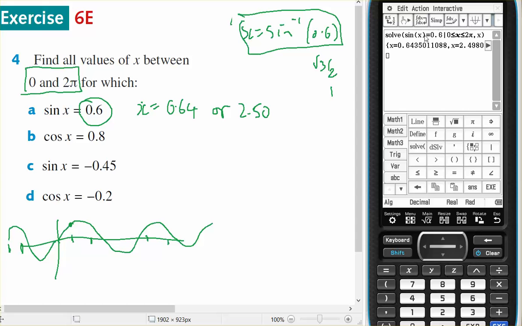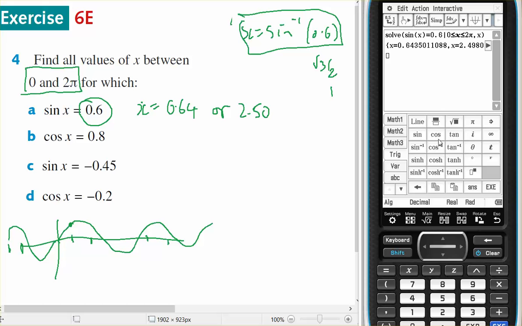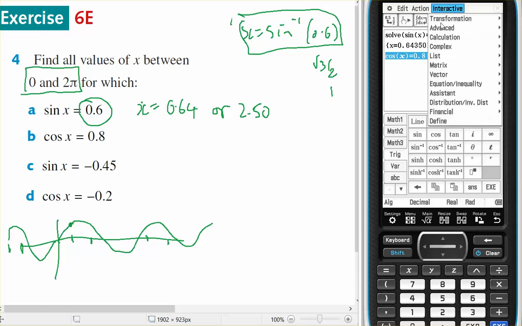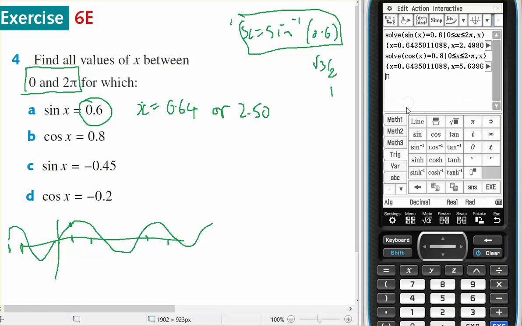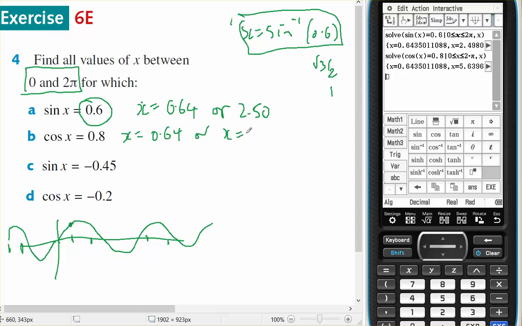So if I had the cosine of x, like in B's case, and then I wish to have given x goes from 0 to 2 pi, and I then solve it for x, there are my two answers. x equals 0.64 or x equals 5.64.